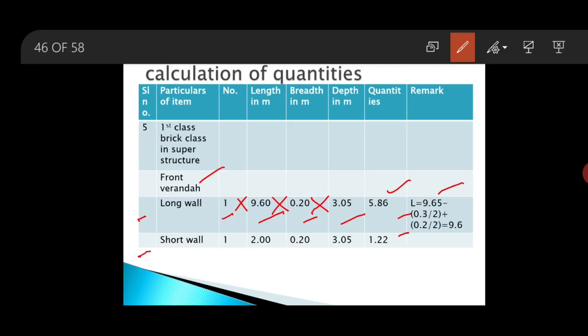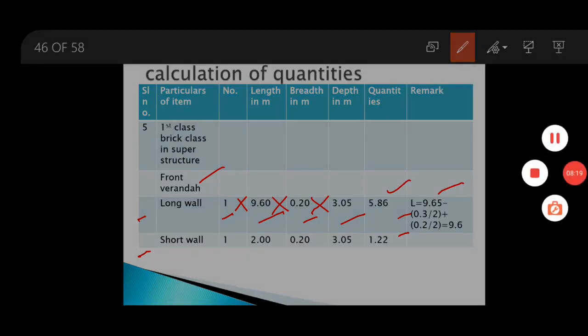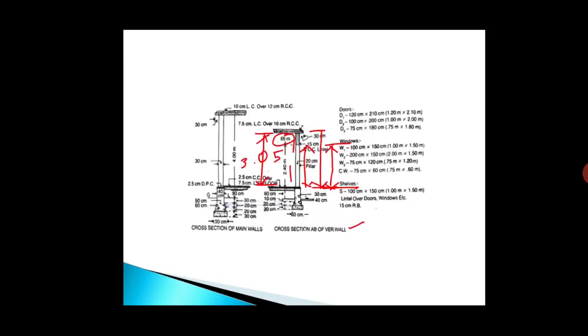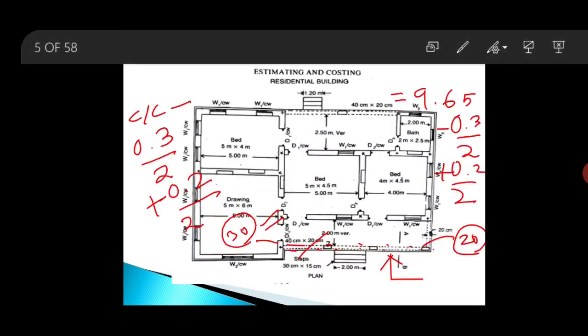Then we will move to the short wall. The center to center length of the front veranda short wall is 2.25 meter.